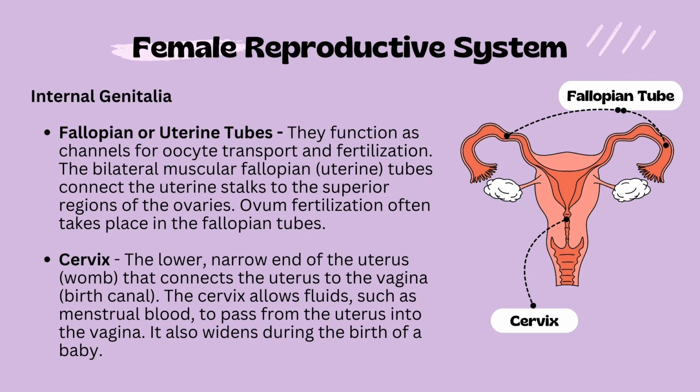Next, we have the cervix, which is found in the lower narrow end of the uterus or womb that connects the uterus to the vagina or birth canal. The cervix allows fluids such as menstrual blood to pass from the uterus into the vagina. It also widens during the birth of a baby, and it acts as a protective barrier between the uterus and the vaginal canal.